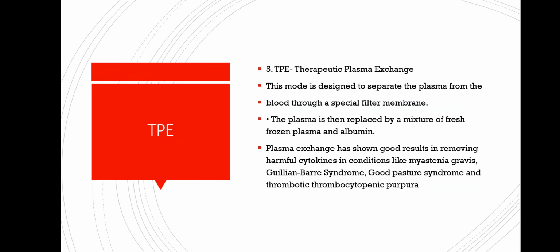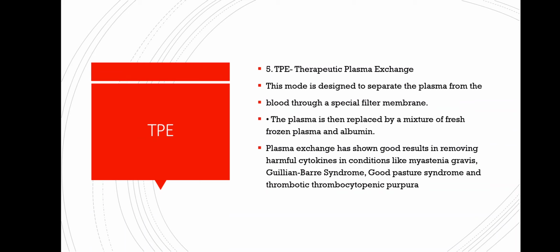TPE is therapeutic plasma exchange. This is the final one of the CRRT modalities. This mode is designed to separate the plasma from the blood through a special filter membrane. The plasma is then replaced by a mixture of fresh frozen plasma and albumin.